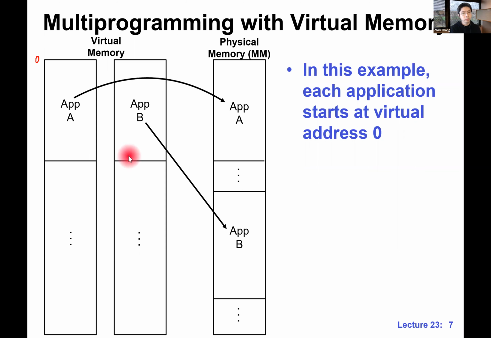But of course, this is just an illusion. We still need to implement this virtual memory somehow using the physical main memory in DRAM. What actually happens is that app A and app B are sitting in different physical memory address ranges. For example, app A is sitting here, and part of app B is sitting here.